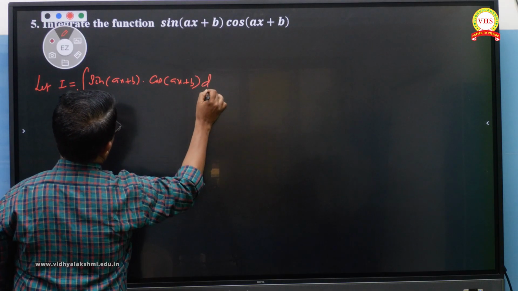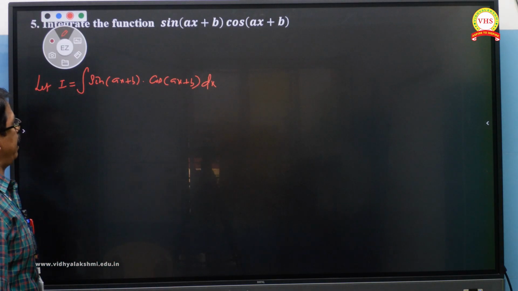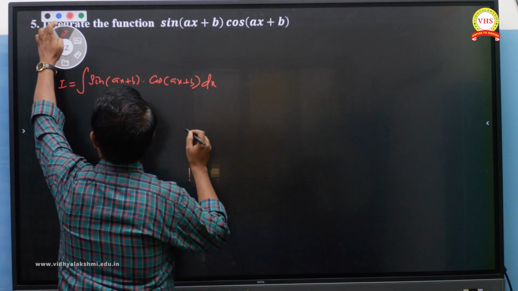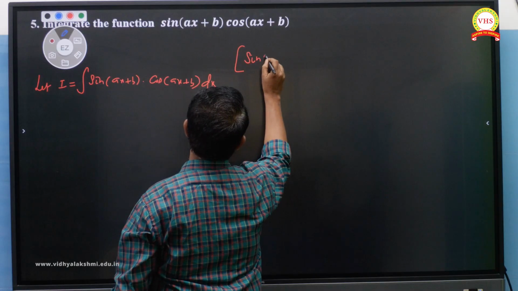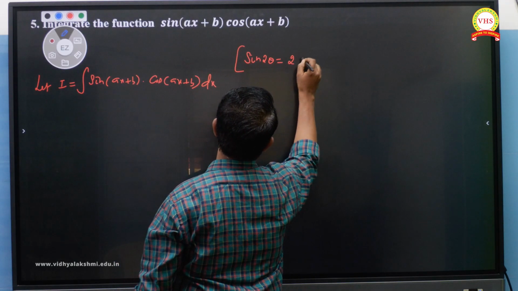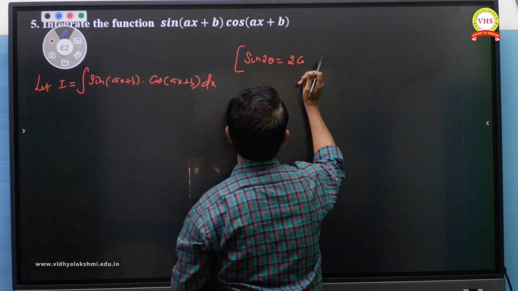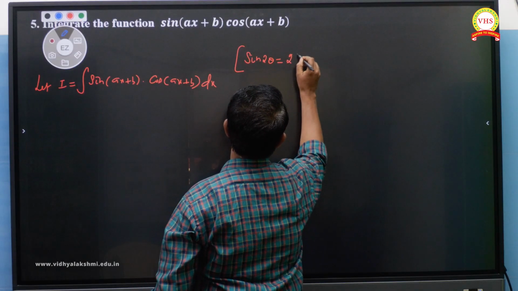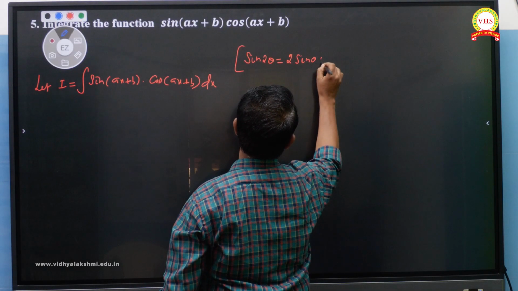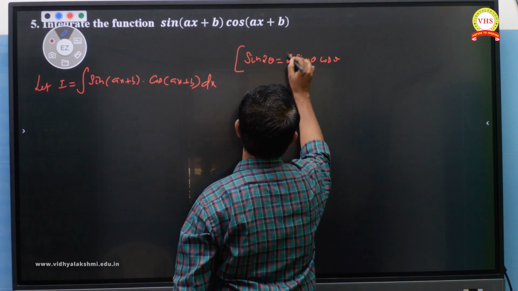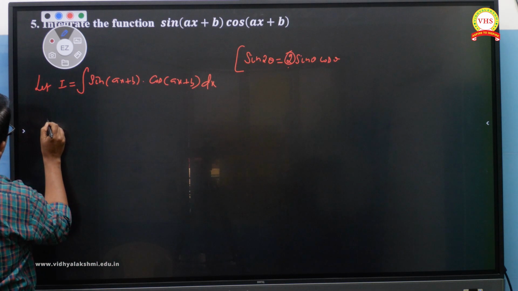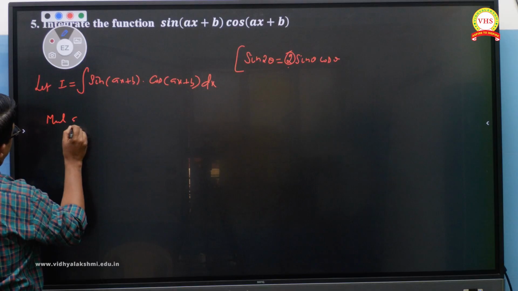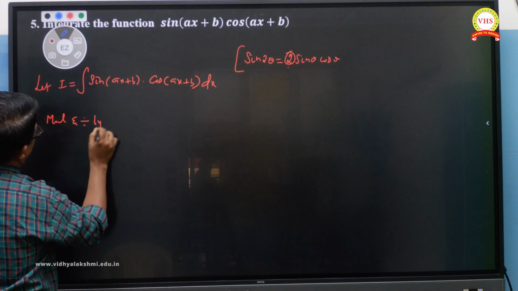We are unable to do the direct integration of this. Before that, we take the formula sin 2 theta equals 2 sin theta cos theta, correct? 2 sin theta into cos theta. So there is no 2 here. I am going to multiply and divide by 2.